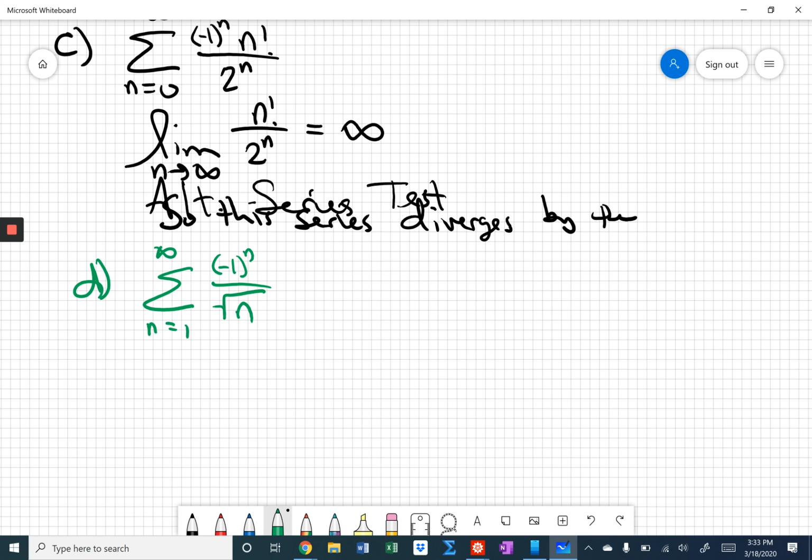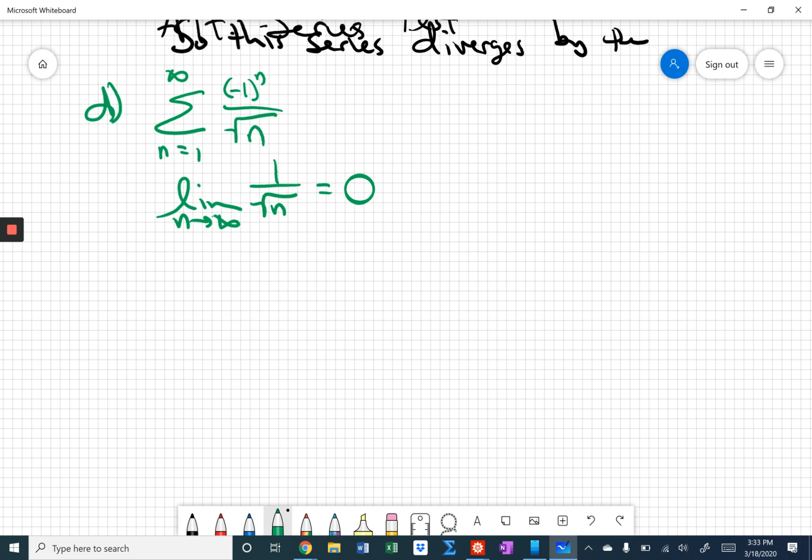This is the last series that we have to consider. Again, it's an alternating series, and so the limit as n approaches infinity of 1 over root n goes to 0, which is what's required in our alternating series test. And again, thinking about the square root function, when the inputs are increased, the output is also increased.